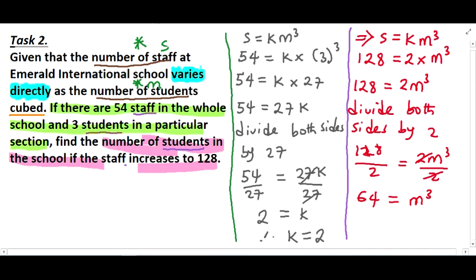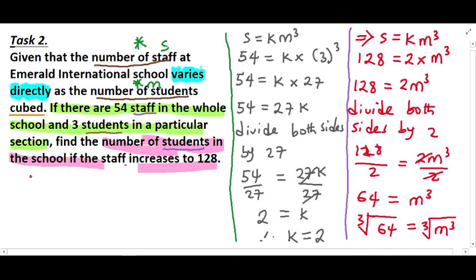Okay, so let's continue. Now, for me to simplify this, I have a cube here, so you have to take the cube root of both sides. If I do that, the cube root of 64, and the cube root of m cubed.